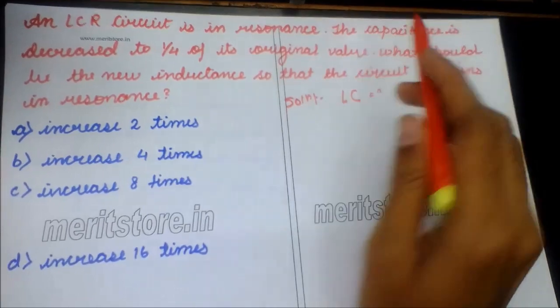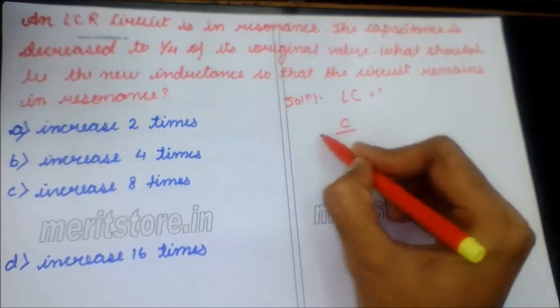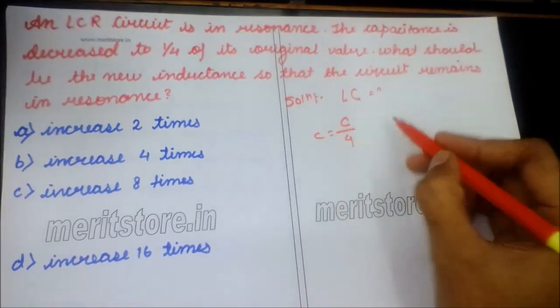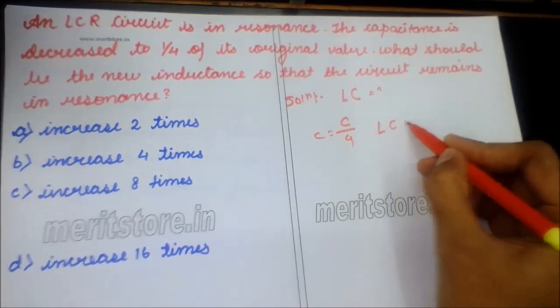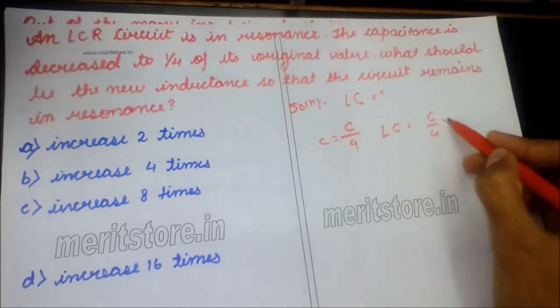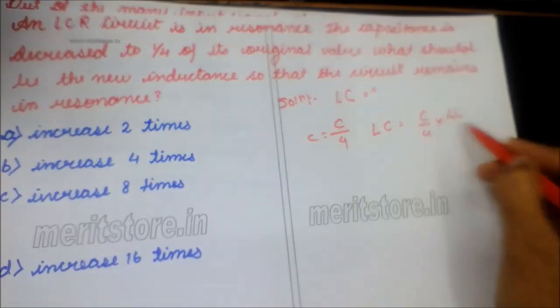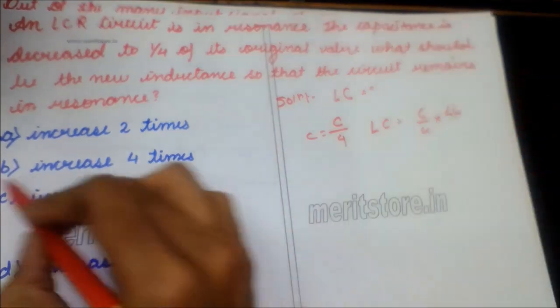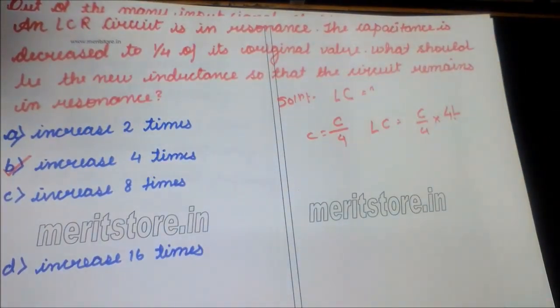Here the capacitance is decreased by 4, so C becomes C by 4. For the capacitance to decrease by 4, the inductance should be multiplied by 4 in order to keep LC constant. As a result, the inductance should increase 4 times. So B is the correct option.